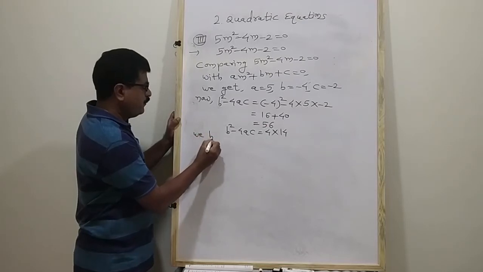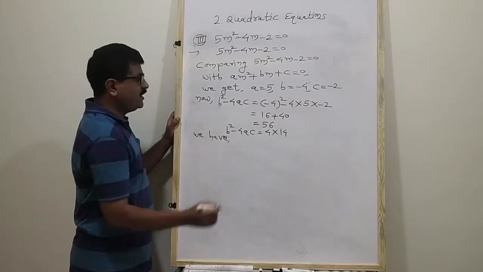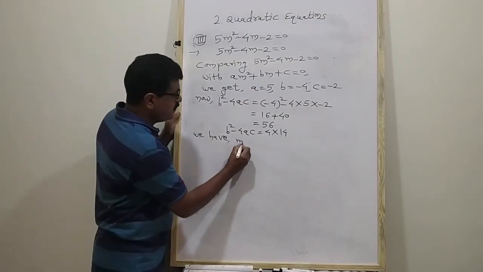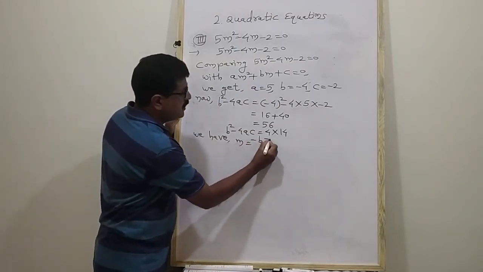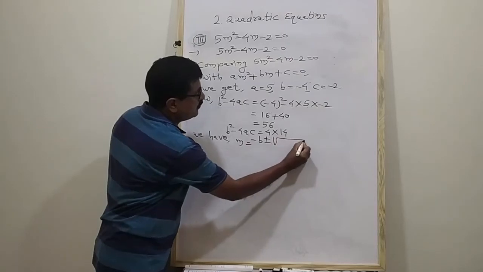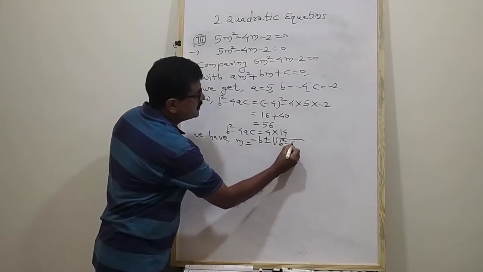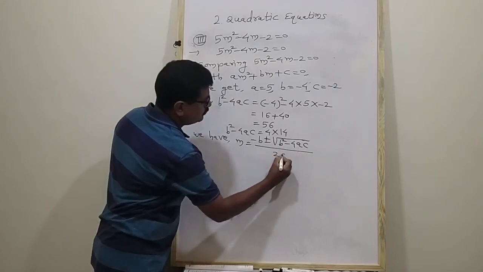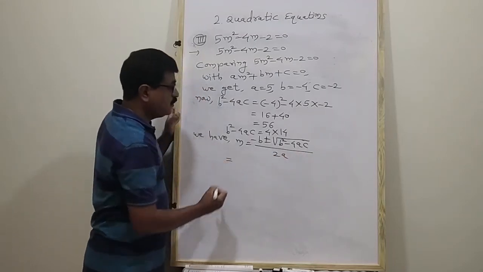We have now write down formula in the form of m. We have m is equal to minus b plus or minus square root of b square minus 4ac upon 2a is equal to.